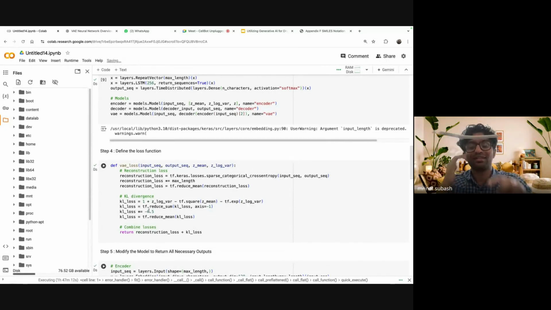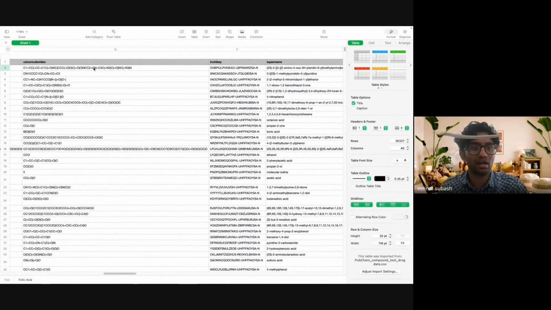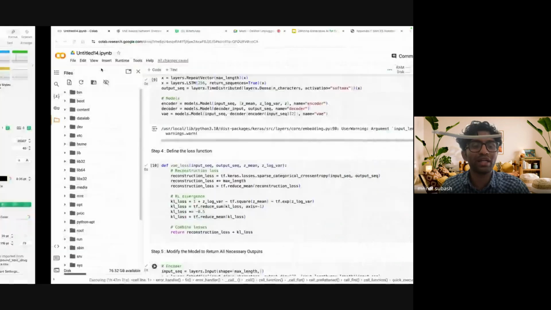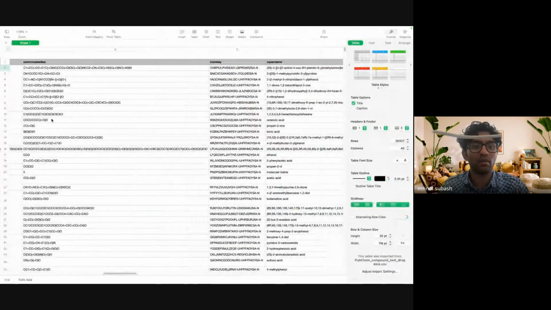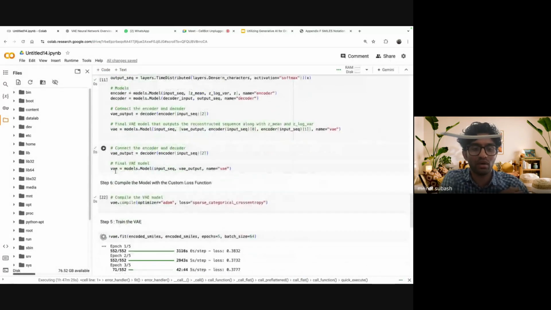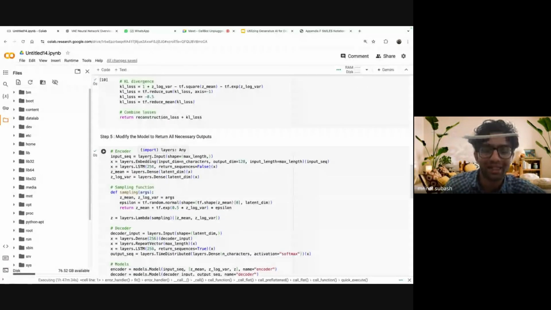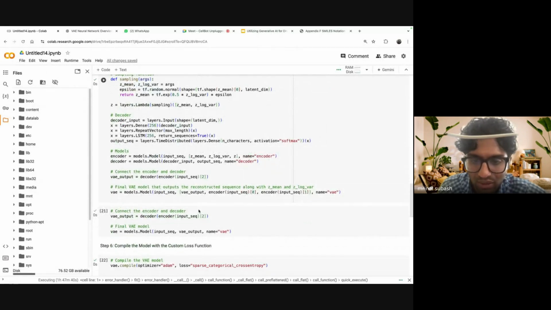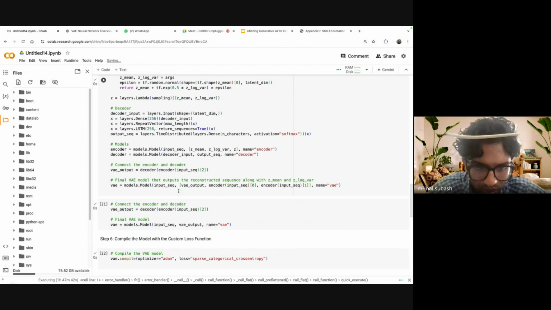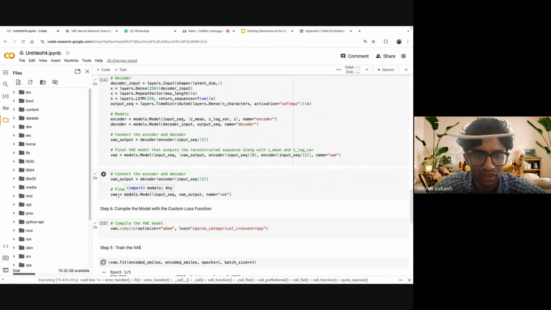What goes behind this is that when we are passing some naive canonical smile chemical compound like this, it is zeroing in on what particular compound would be the best suited for drug repurposing. So what would be that ideal compound? As I said, this is the encoder decoder architecture, and then you're connecting the whole of it to a VAE output, and we are getting a final output.